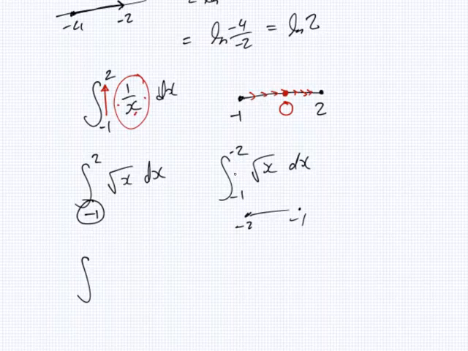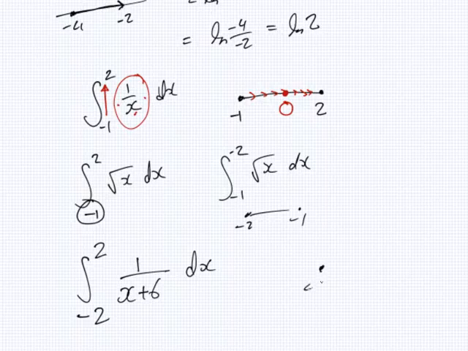What about this one here? Let's make it a little bit harder. Minus 2 to 2 of 1 over x plus 6. Proper or improper?